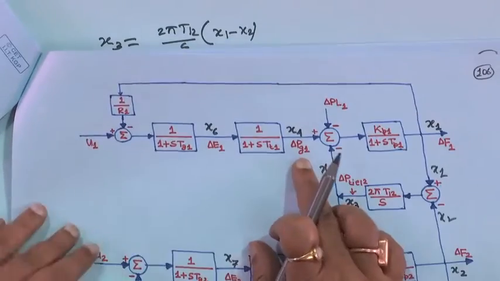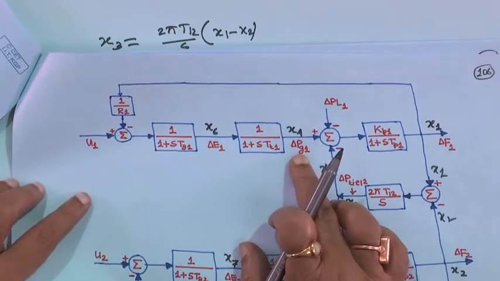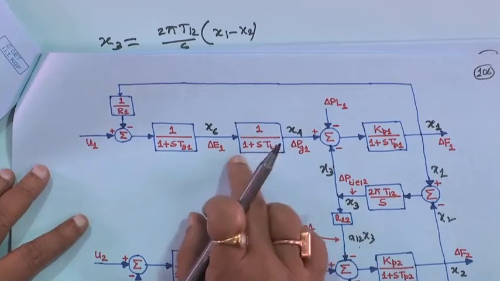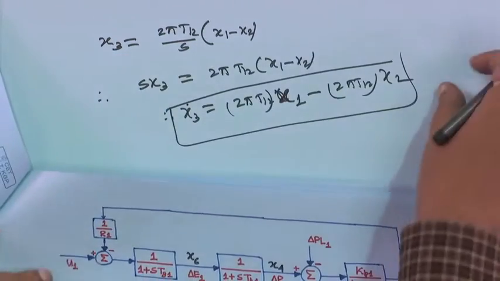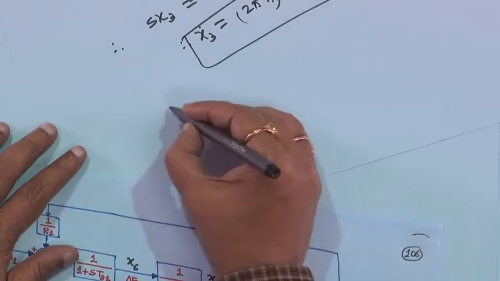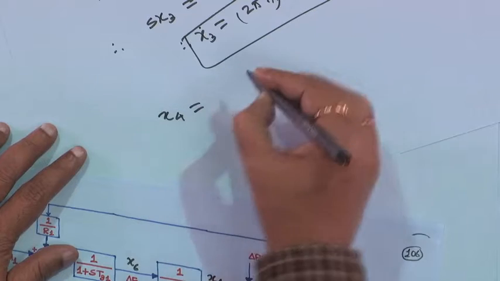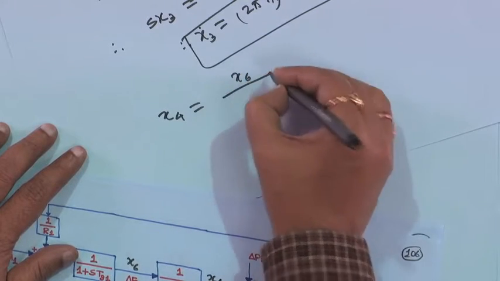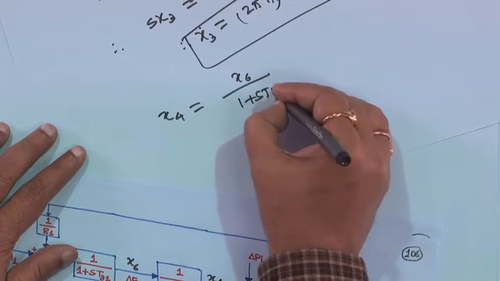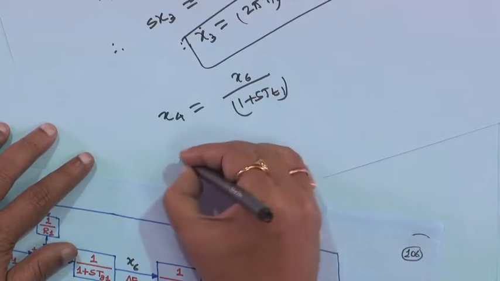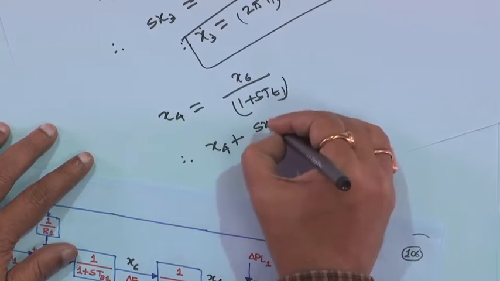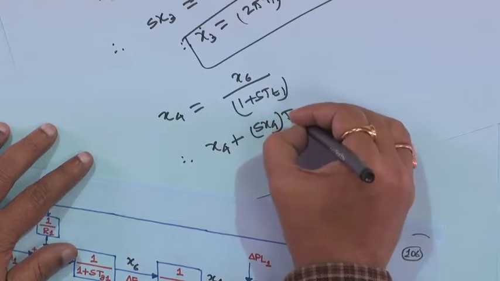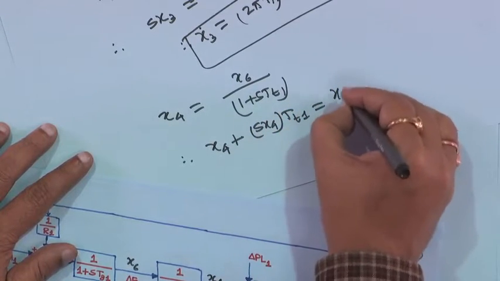So, this is my x4. So, x4 is equal to actually x6 upon 1 plus sT_T1, right. So, I am making it this way, look, x4 is equal to x6 divided by 1 plus sT_T1, right. That means x4 plus s x4 into T_T1 is equal to x6.